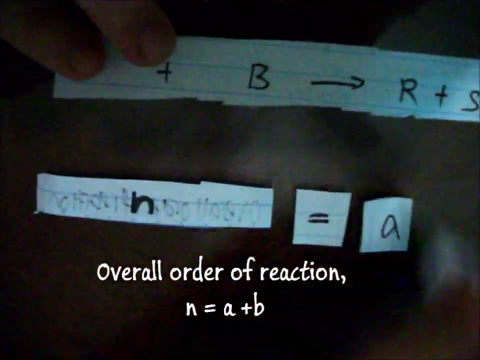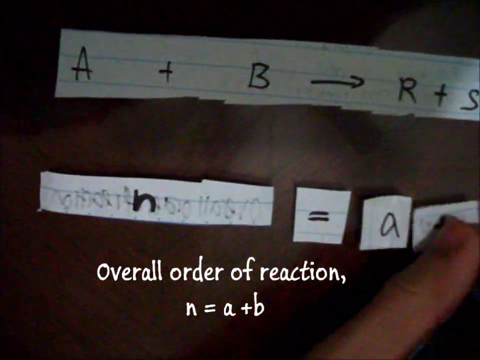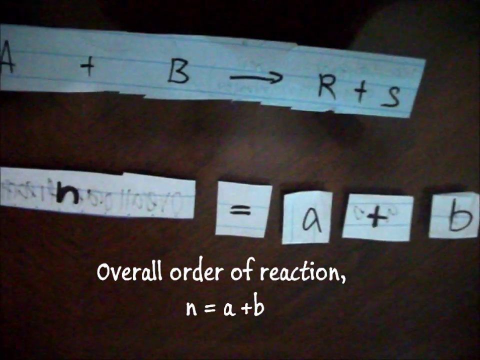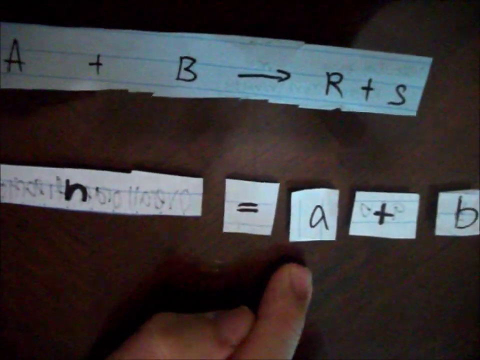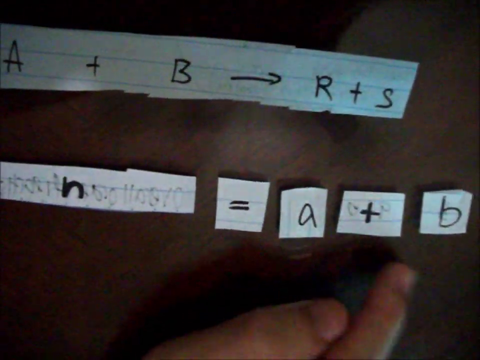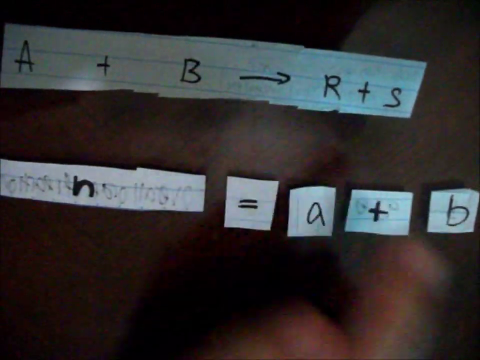So the overall order of reaction, denoted by n, is equivalent to a plus b: the sum of the order of reaction with respect to A and the order with respect to B.